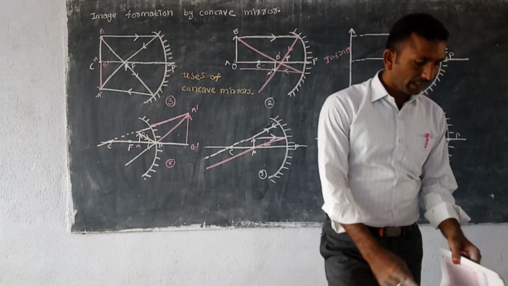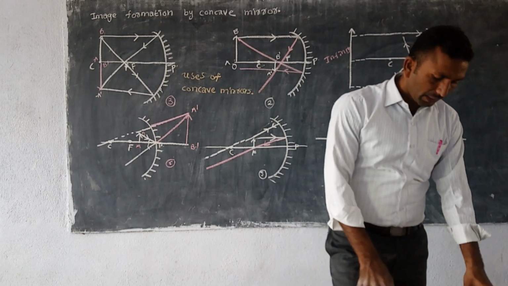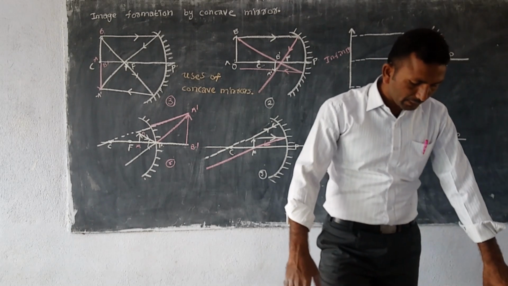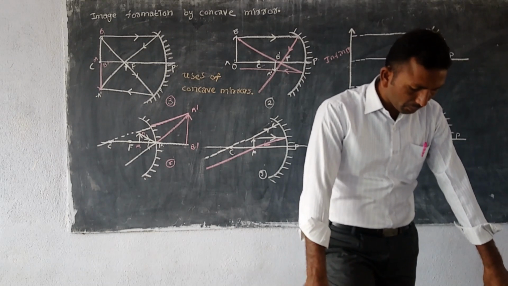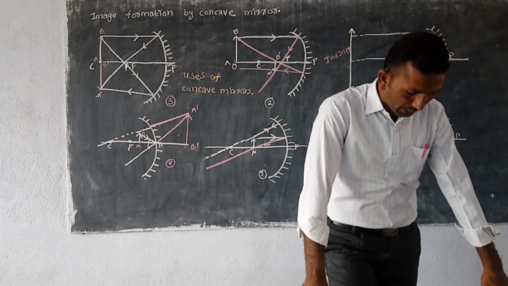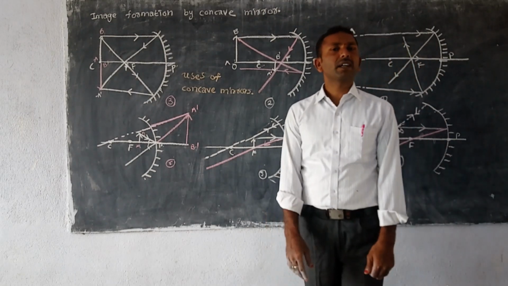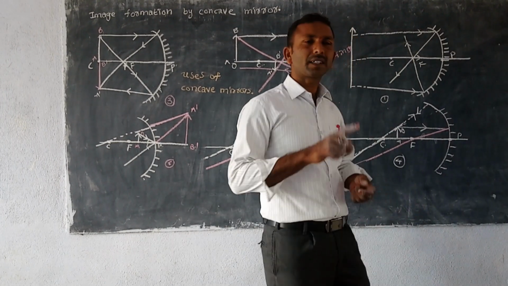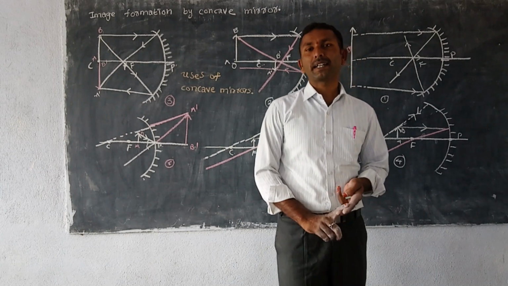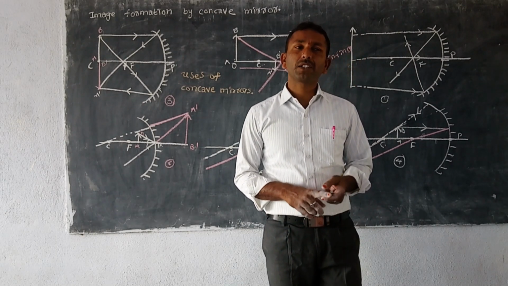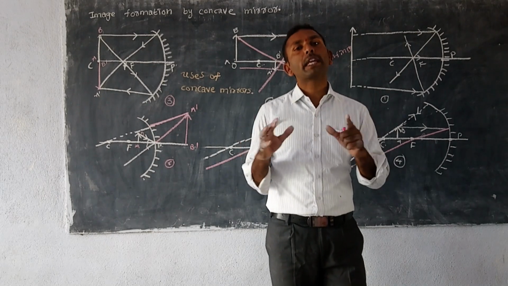First, concave mirrors are commonly used in torches, searchlights, and vehicle headlights to get powerful parallel beams of light. First one is torchlights, second one is searchlights, and next, headlights of vehicles. You can observe why we are using these: to get a big beam of light.